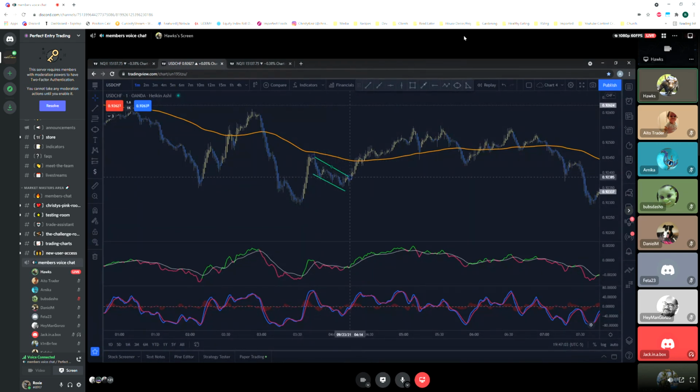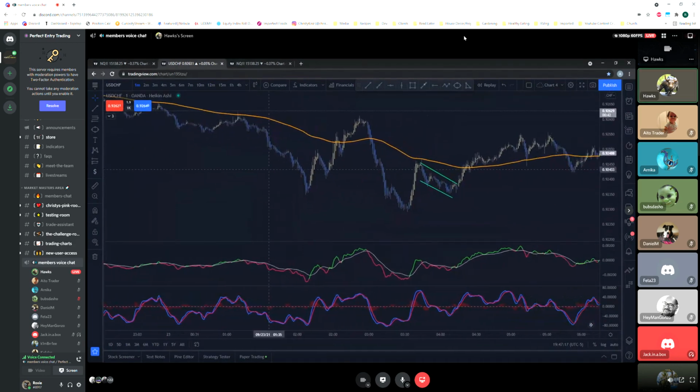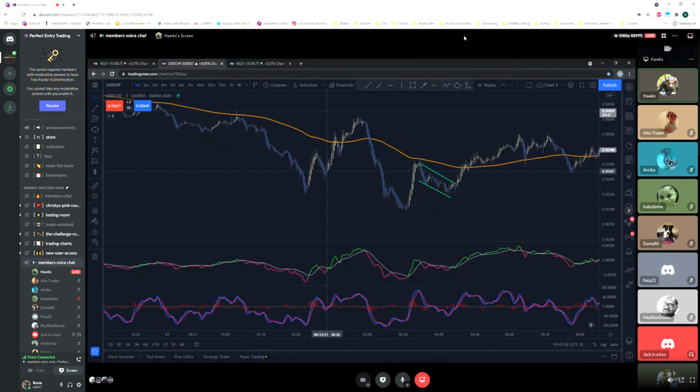This is the flagpole and this is the flag, and then obviously this will shoot straight up right here. So that's a nice flag pattern. Don't mistake it for a retracement. This has some movement in here, up and down, and then finally it shoots up.